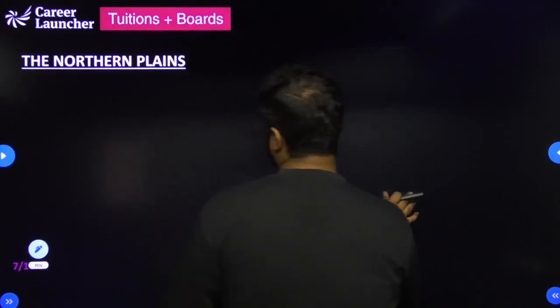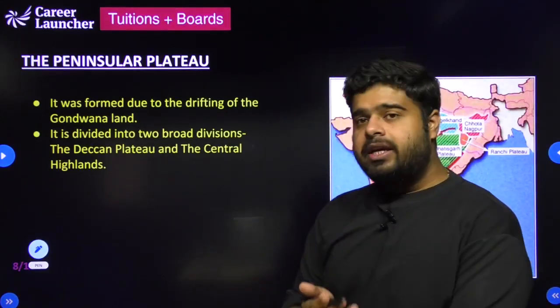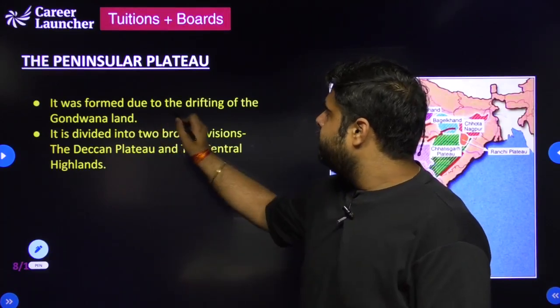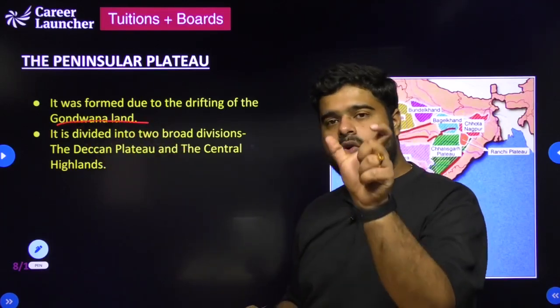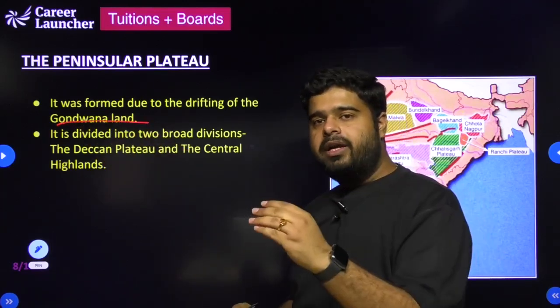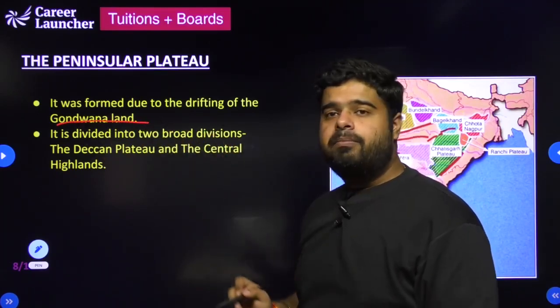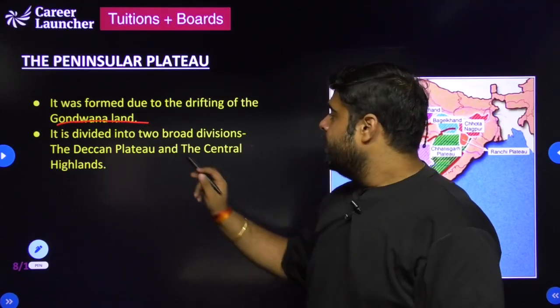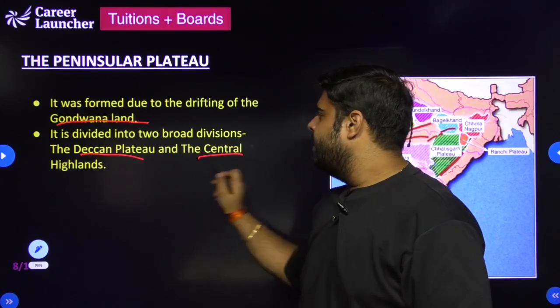Let's deep dive into the Peninsular Plateau. As we discussed earlier, they were formed due to the drifting of the Gondwana land. A part of Gondwana land broke away from it and started moving toward the Asian plate, and that's where the plateaus were formed. It is divided into two broad divisions, the Deccan Plateau and the Central Highlands.